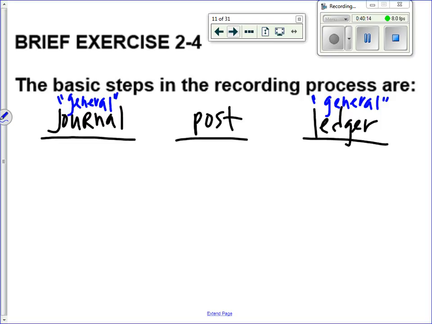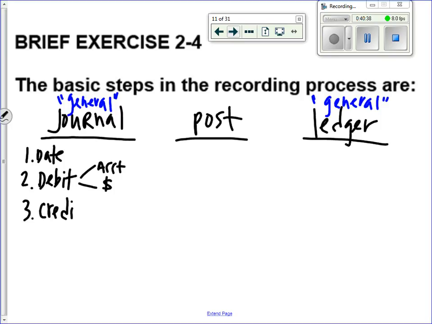All right, there's 5 steps when we journalize. We date our transaction. We debit. I know we just wrote this down, but it's so good to be repetitive here. We're going to debit the account and a dollar amount. We're going to credit an account and a dollar amount.